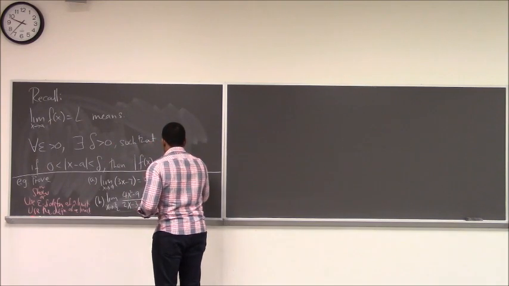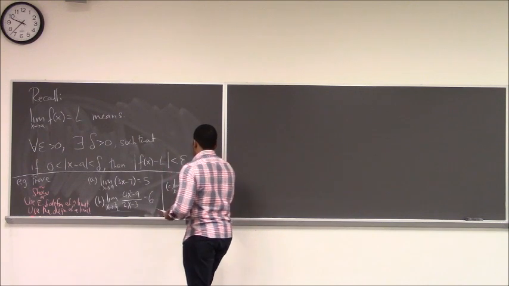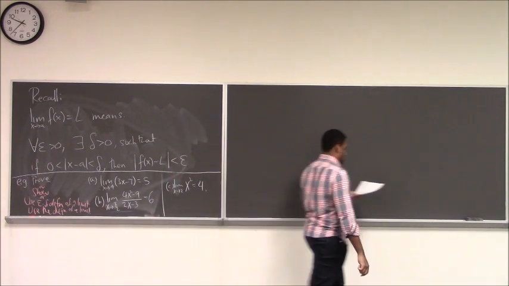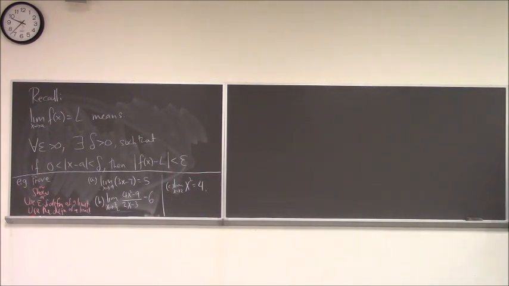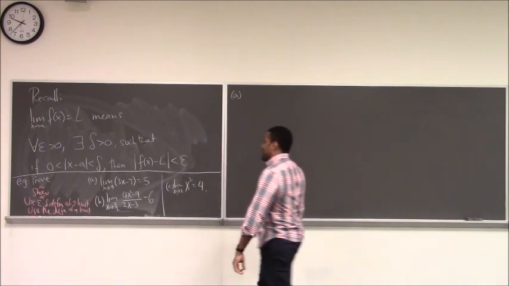And C: that the limit as x approaches 2 of x squared is actually 4. So let me start you off with the first one, the easiest one.